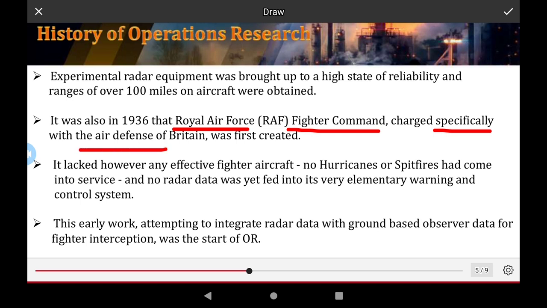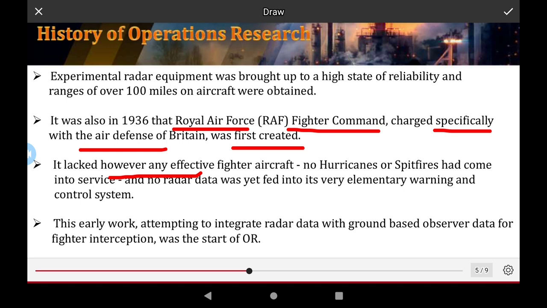With air defense, Britain first decided to apply operation research. It was blockaded, however, by ineffective high-flying fighter aircraft.